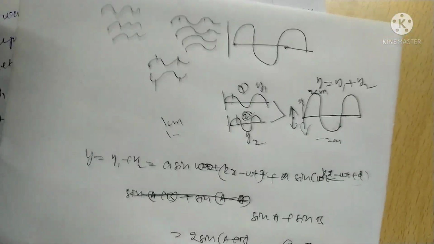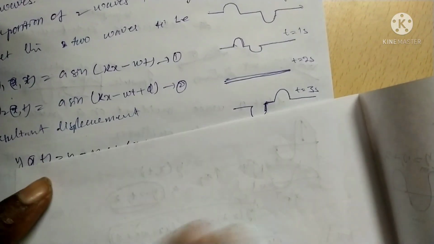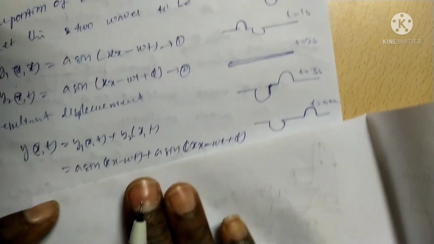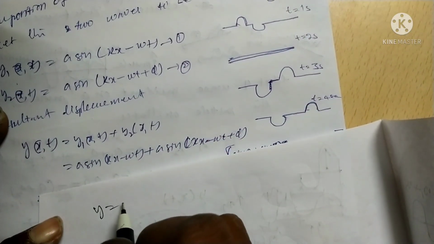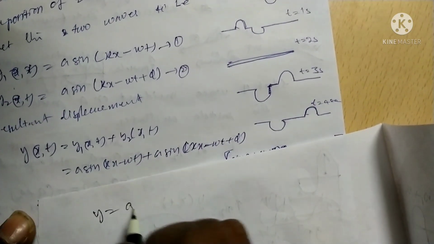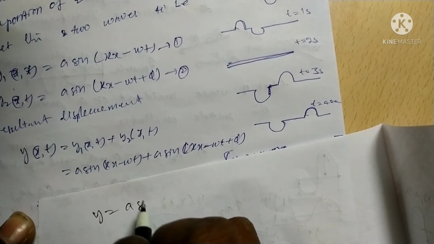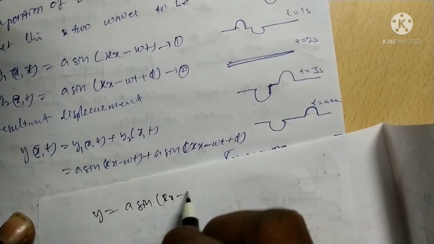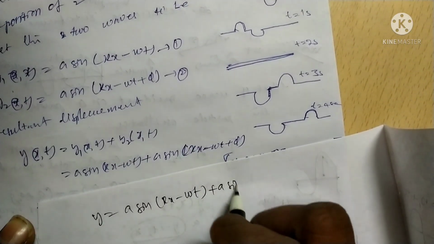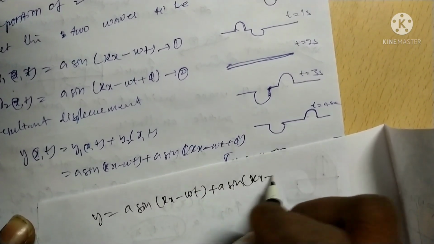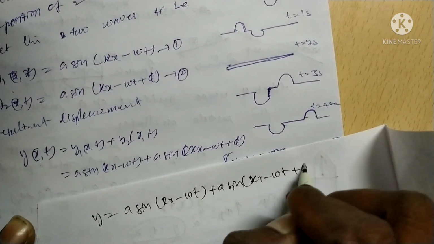Now we will discuss. This equation can be written as y equals a sin(kx minus omega t) plus a sin(kx minus omega t plus phi).